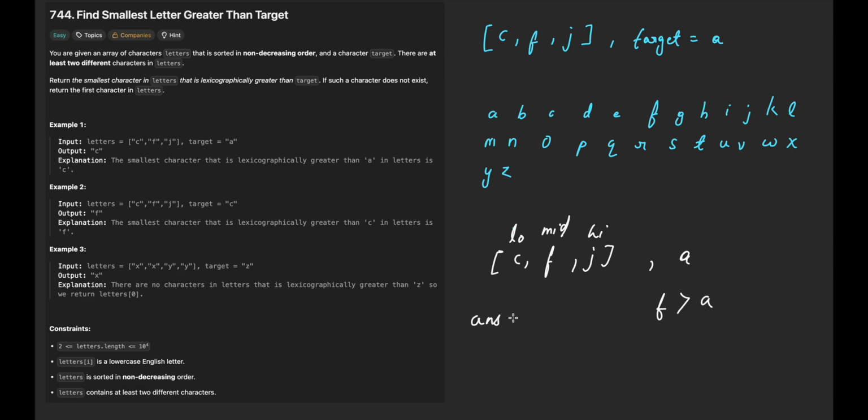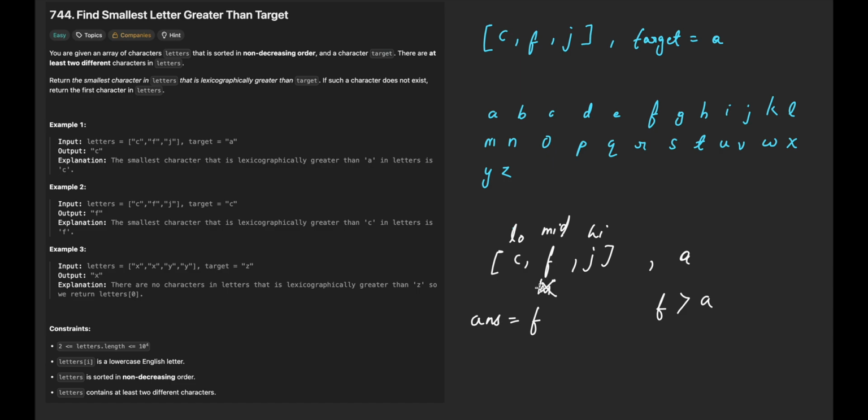So let's store F as our answer. Now, since we found F to be greater, but we have to get the smallest letter just greater than the target, we would be decreasing our search range. So let's move the high pointer to mid minus 1.